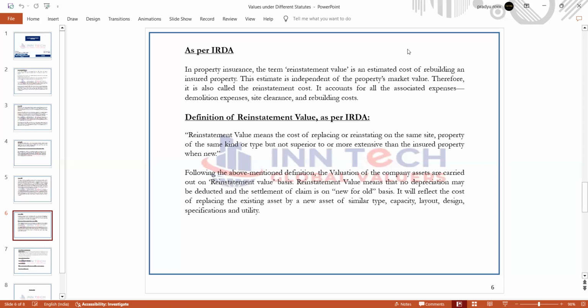This valuation we also undertake for all clients, for companies, for assets. We do such valuation also for reinstatement purposes. This is another value which, as a professional, we need to understand, the distinction between the market value and the other value, the reinstatement value.